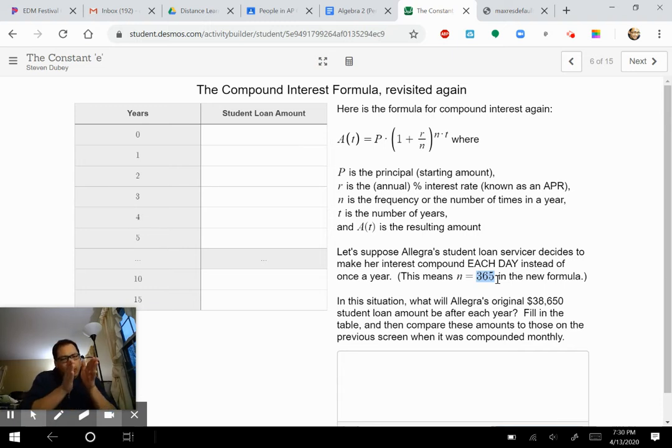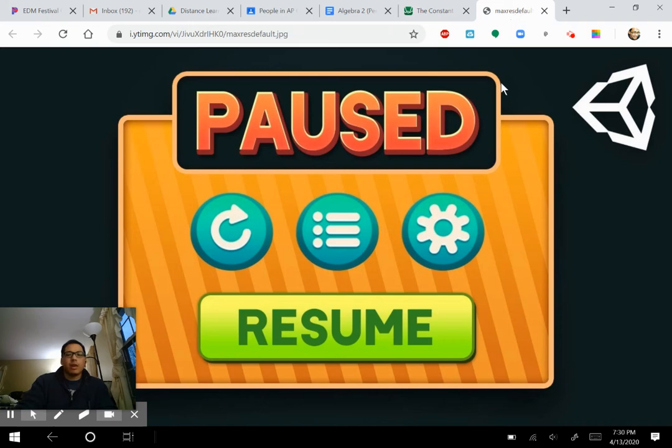Like if we narrow that time frame, and n became 365 now. Instead I'll get rid of this table and I'll say, what do you think is going to happen to the amount that she owes? Take a minute and just reflect, and then come back when you've got an answer there.